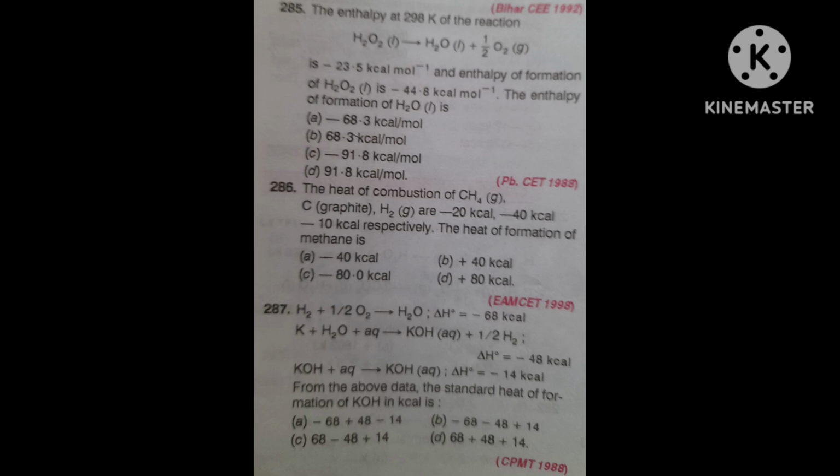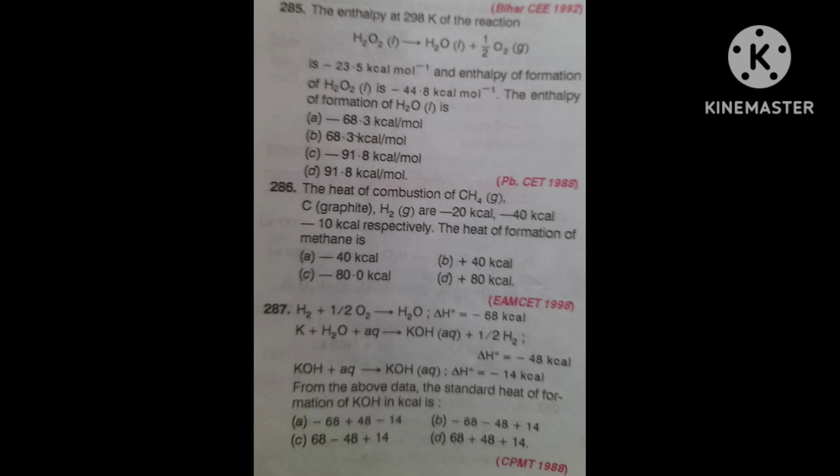The heat of formation of methane, you have to calculate. Four options are given. First option minus 40 kilocalorie, second plus 40 kilocalorie, third minus 80.0 kilocalorie, fourth plus 80 kilocalorie.